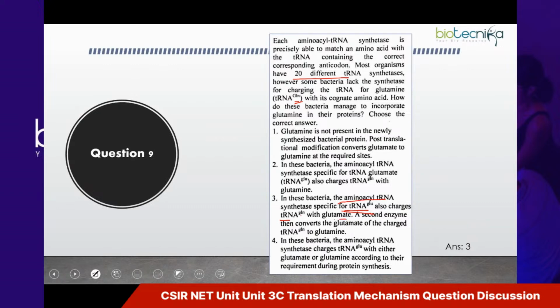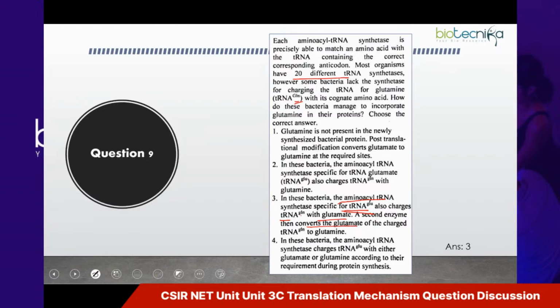And then an extra enzymatic step will happen, which will replace glutamate with glutamine, basically converting the glutamate to glutamine.